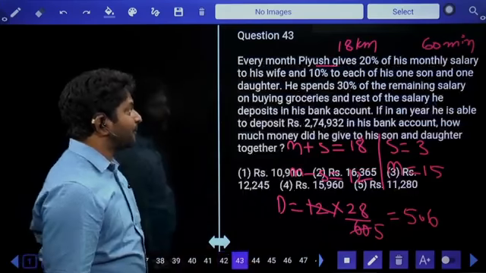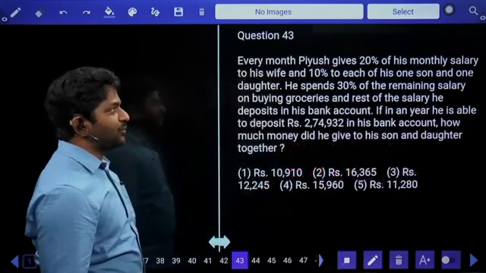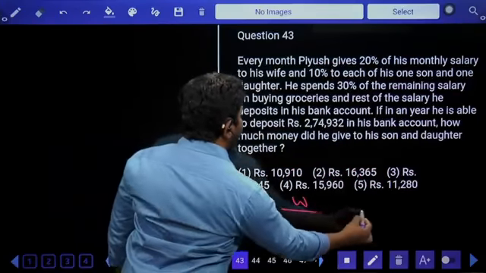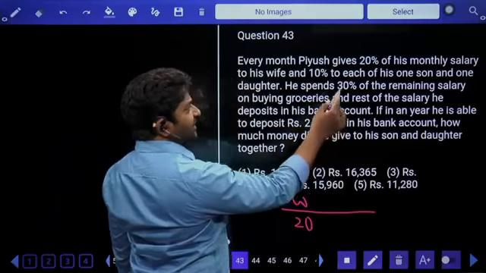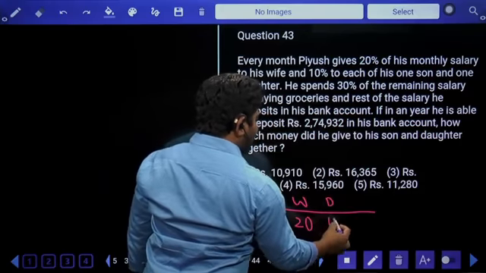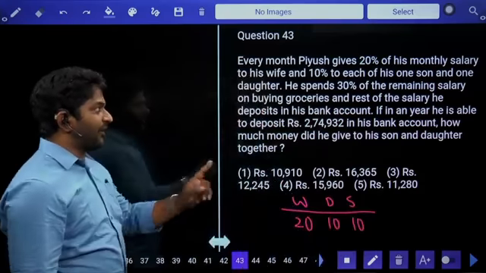Every month, Piyush gives 20% of his monthly salary to his wife. So wife is getting 20% and 10% to his one son and one daughter. So daughter is getting 10%, son is getting 10%. So far 40% is over.